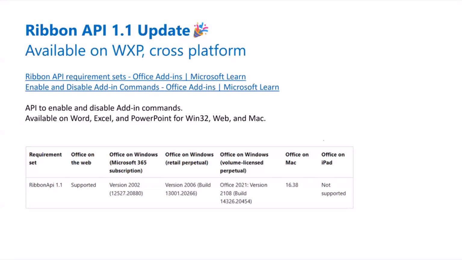This is for enabling and disabling app commands available across platforms. So this is on web, Win32, and Mac. You'll be able to set that to enable and disable Ribbon buttons on Word, Excel, and PowerPoint. And that is all for me. So thanks, everyone. I hope you'll test these out, and please share feedback if you have any.